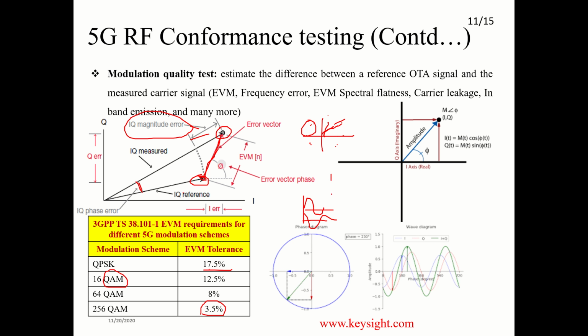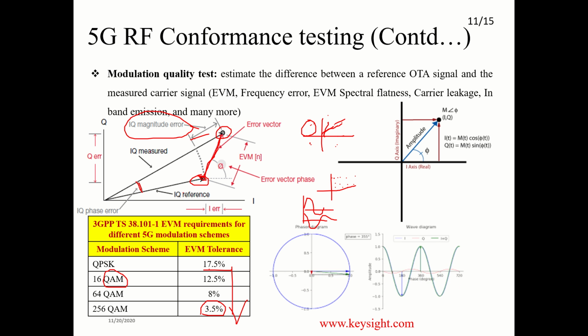But if you are having QAM, as the modulation order increases, the EVM tolerance keeps on decreasing, because in the same location you will find a lot of points.